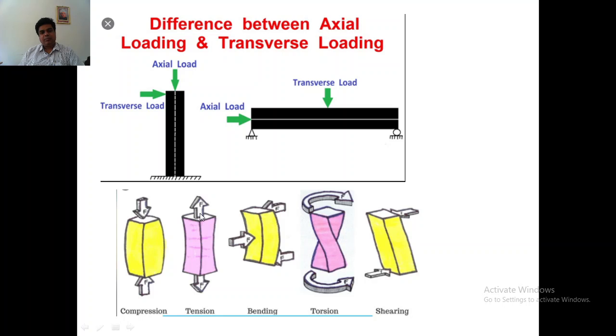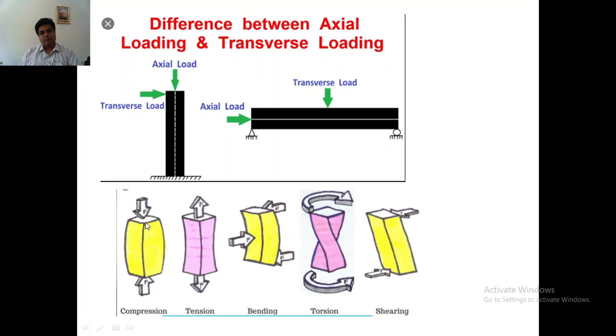And similarly, when you apply the force in such a way that it's an axial load and the load is acting towards the material, towards the structure, towards the member, that means you are trying to compress that particular component or the bar or the material. So it is an axial load and it is acting towards the material.